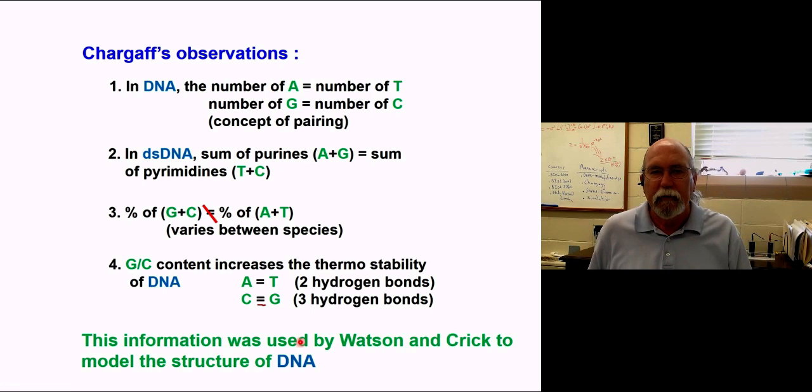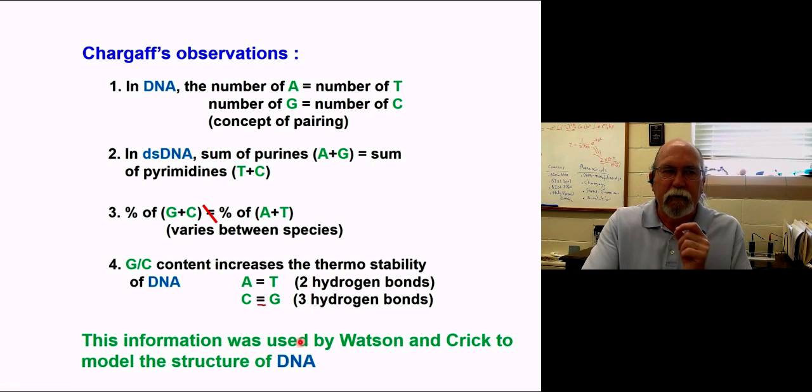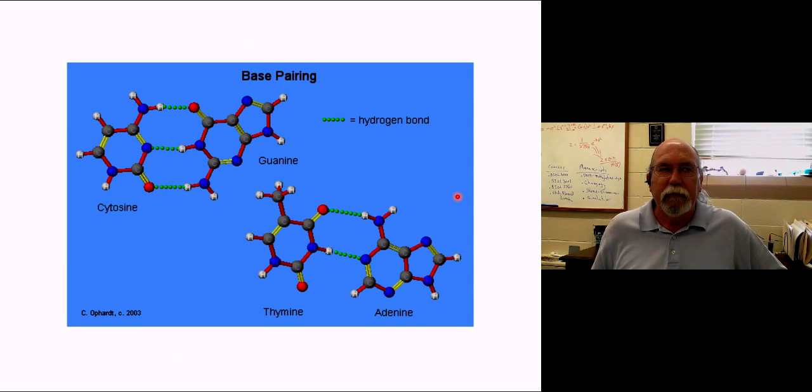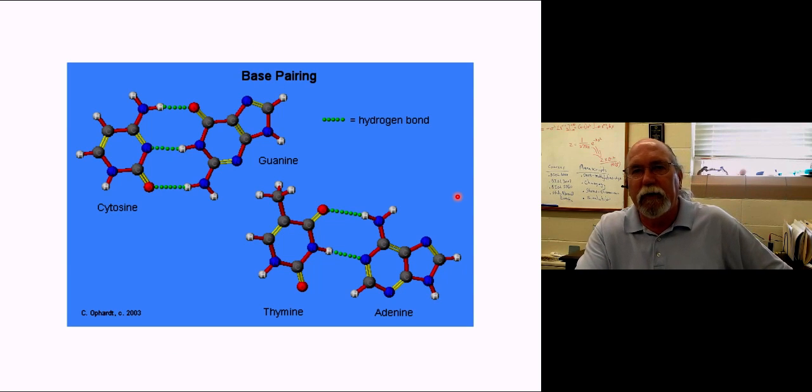All right. So, as I said, he met with Watson and Crick, and he told them about these ideas that there was pairing between A and T and G and C, that there was not equal amounts of these, and that we have these sort of ideas going back to Levene and others about the sort of bonding that's going on. Now, here's our basic idea, the base pairing.